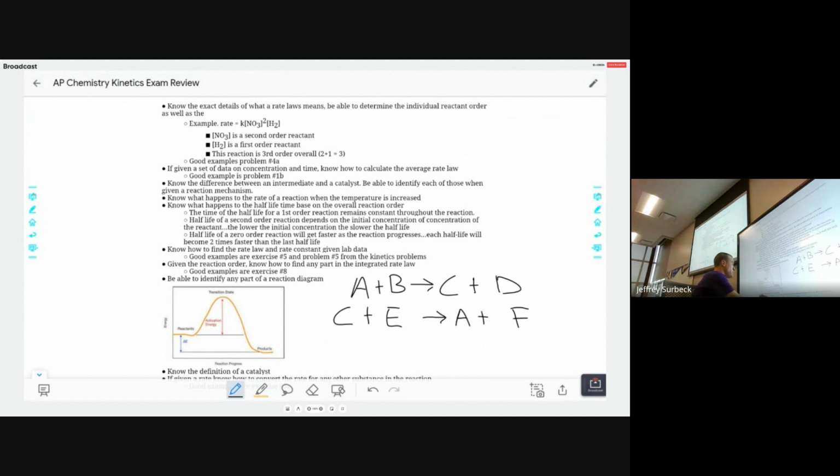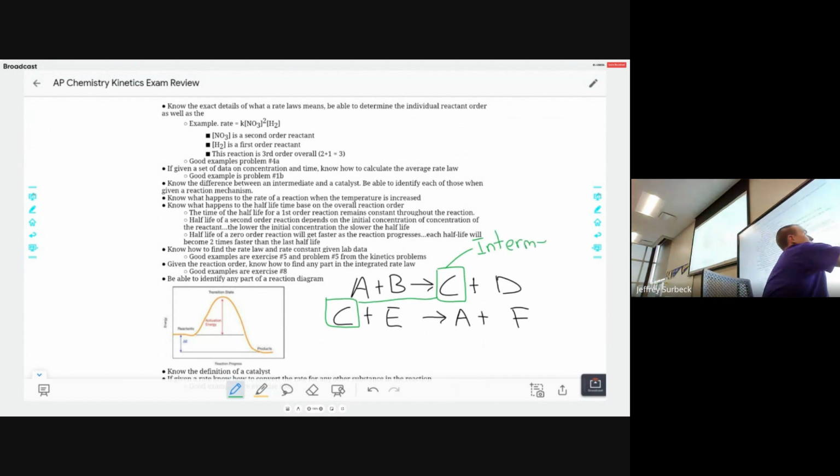An intermediate is produced in one step and then consumed in another. So C is produced as a product in step 1. Then it is used up as a reactant in step 2. So C right here in my example would be an intermediate. It wouldn't show up in the overall reaction as well.